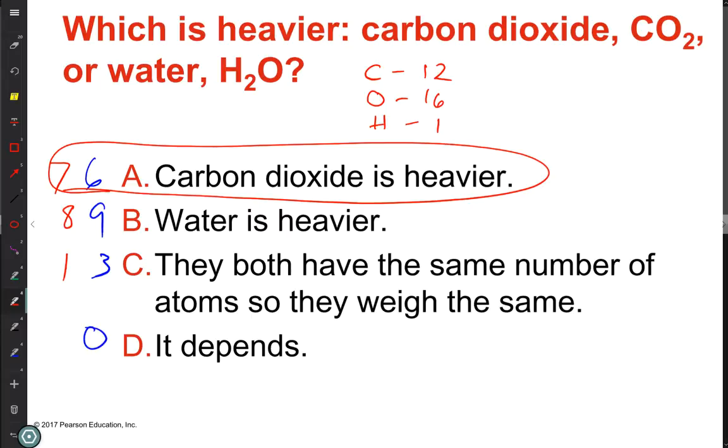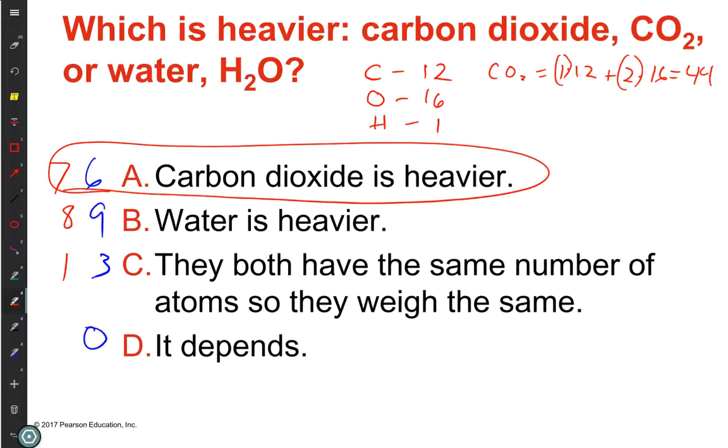You just take and add them up. So CO2 is going to be 1 times 12 plus 2 times 16. Let me put parentheses so it's clear that those aren't decimals. So that's 32 plus 12 is 44. So you have 44 protons plus neutrons with that.